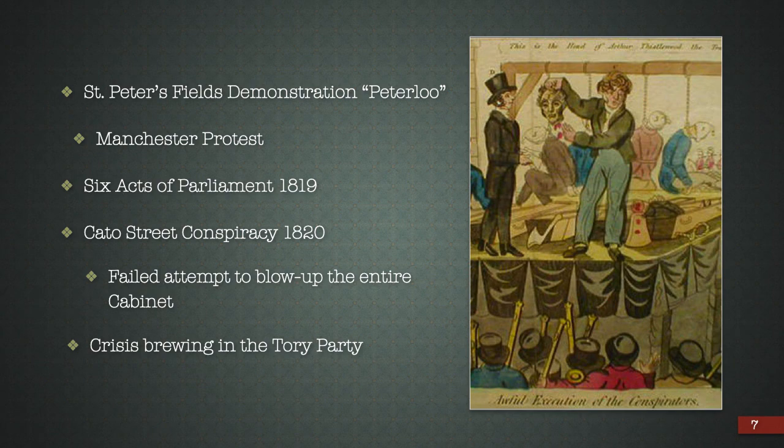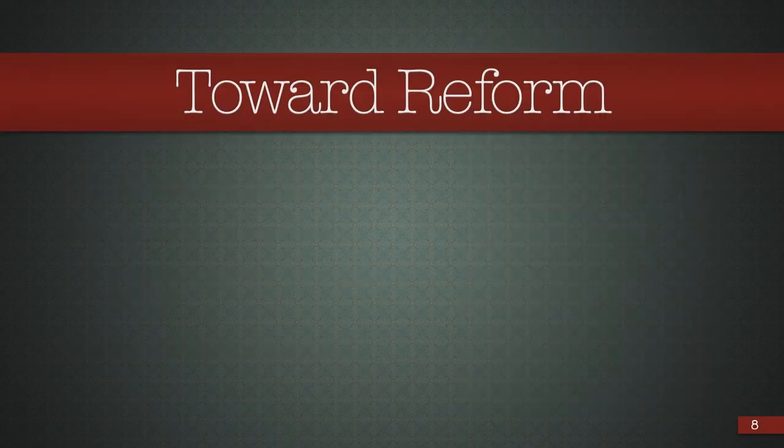And this is going to lead to some fractures. And these fractures are going to actually undermine the Tory party's ability to maintain control. That I'm going to leave for you to read about in our other assignment, but I want to kind of set us up for where we're going with the Great Reform.